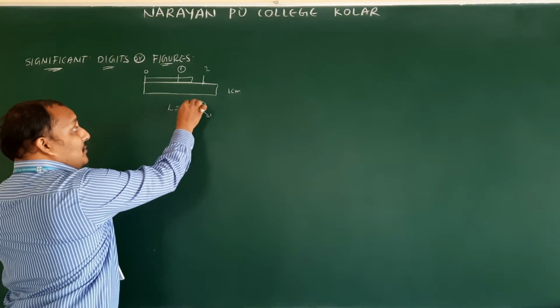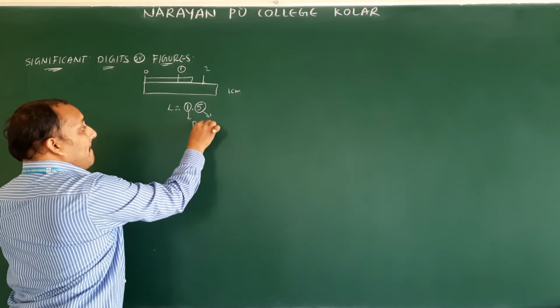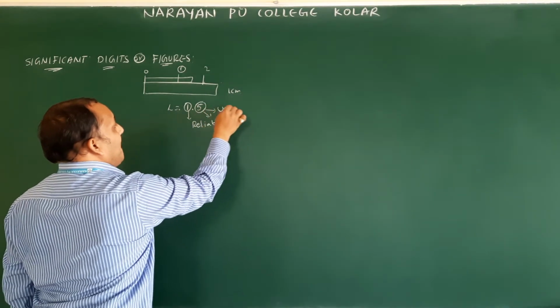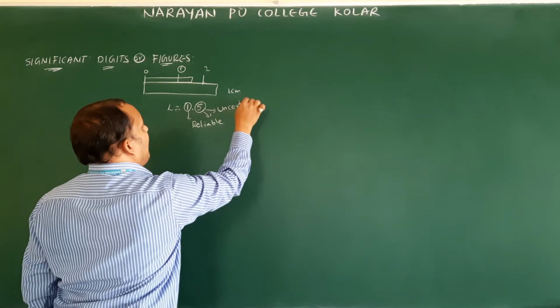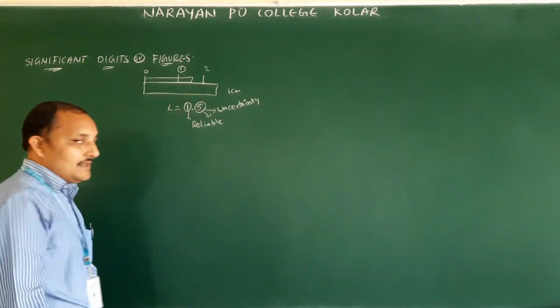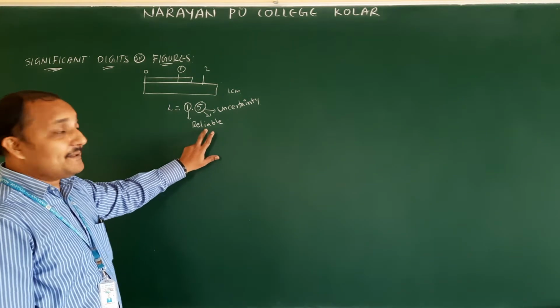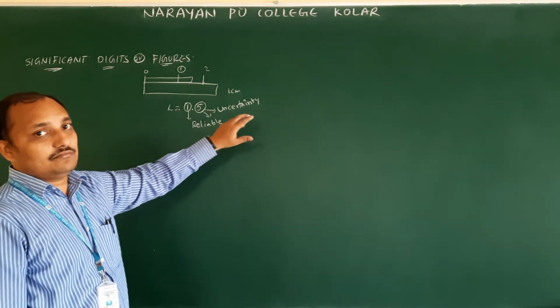So this is the true value or reliable value, and this is uncertain. So in any measurement of a number, there is a combination of a reliable number and an uncertain number.